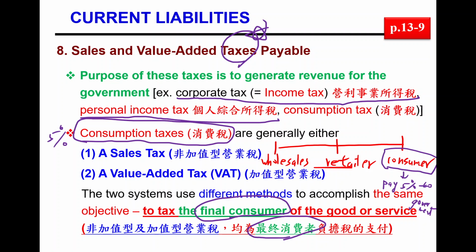But when the government needs the money, sometimes they cannot wait. So that's why, for tax right now, most companies, the government cannot wait for their 5%. They want to take the money as early as possible.